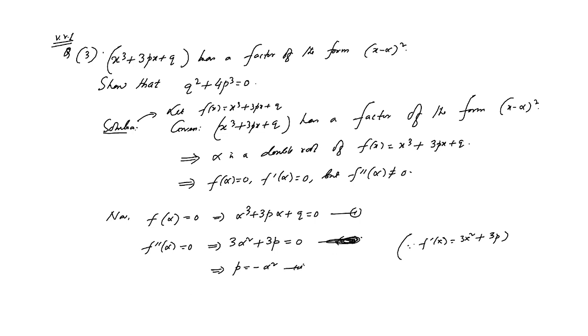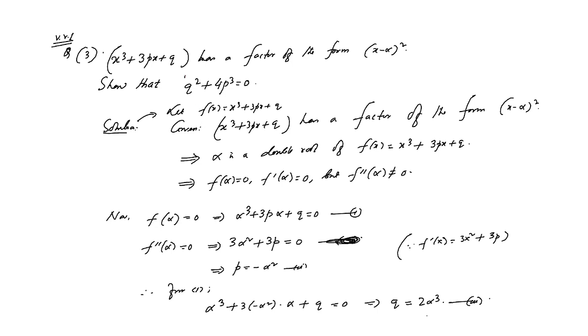So this is 2. Therefore, from 1, alpha cube plus 3p alpha, meaning minus alpha square into alpha, plus q equals 0. And here the value of q is 2 alpha cube. So this is 3. Now we need to prove this result.